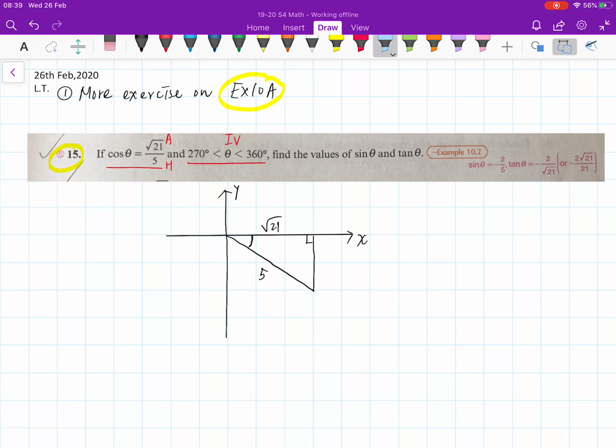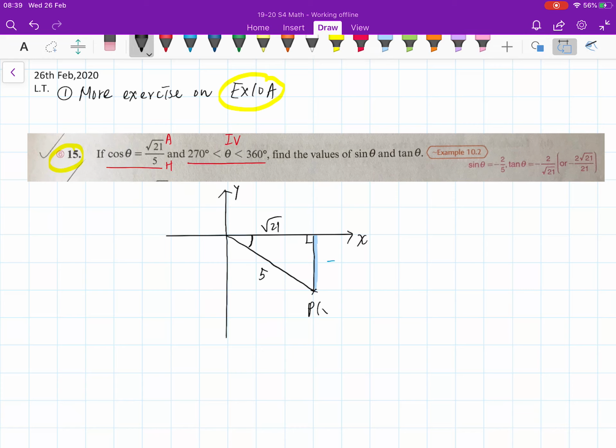So therefore, we are going to calculate the vertical length, and we know that the value must be negative.